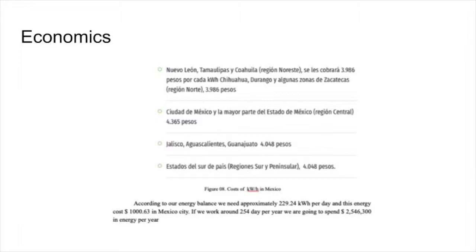It's like 2 and a half million pesos of energy for the process.